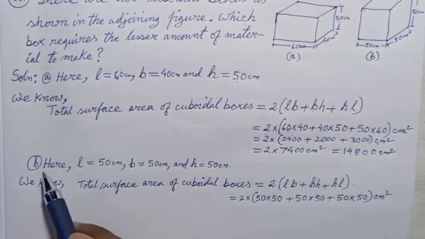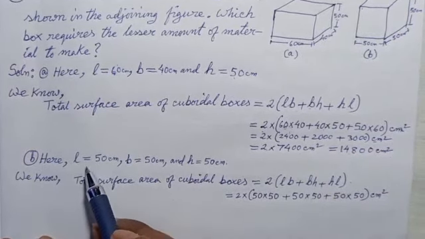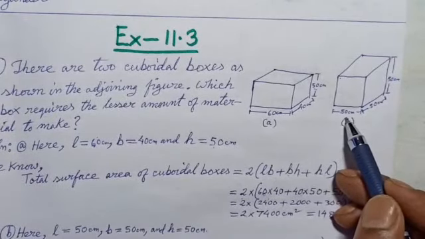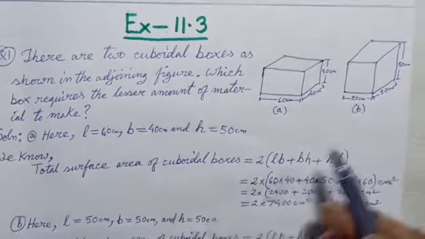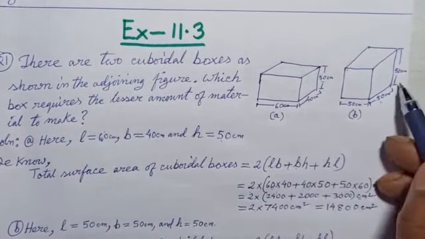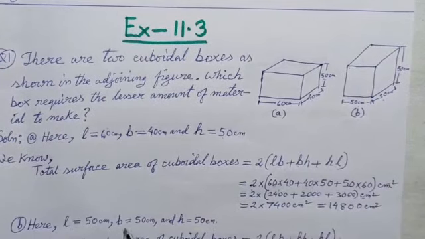Now for figure B, length is this 50 centimeter, breadth is also 50 centimeter, and height is 50 centimeter. So length, breadth and height are all 50 centimeter.